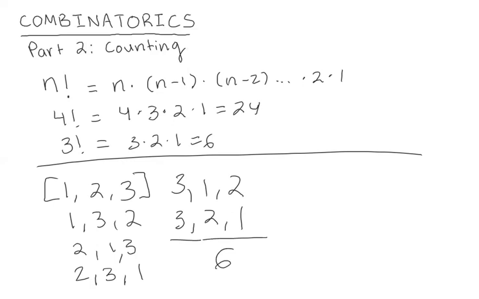So in general, to find the number of permutations of objects, like if you have an apple, banana, and let's say orange, and you want to find the number of ways you can sort these three, this is the exact same thing as the 1, 2, 3 case. It's just instead of numbers, they're objects.